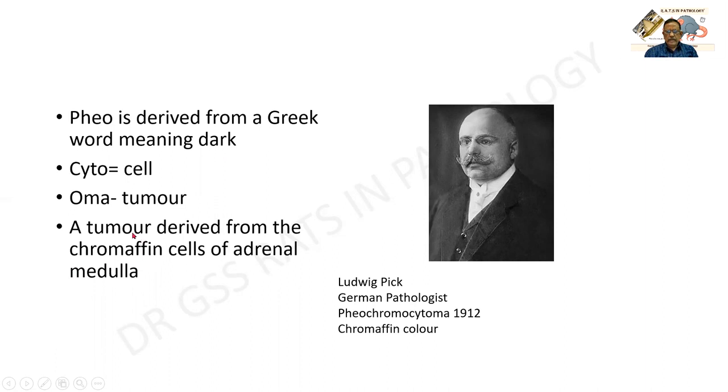Chroma means it resembles the chromaffin cells or the chlorophyll, and oma obviously means tumor. This particular tumor, the pheochromocytoma, was identified by Ludwig Pick, a German pathologist. And the color is the reason for the term pheochromocytoma.